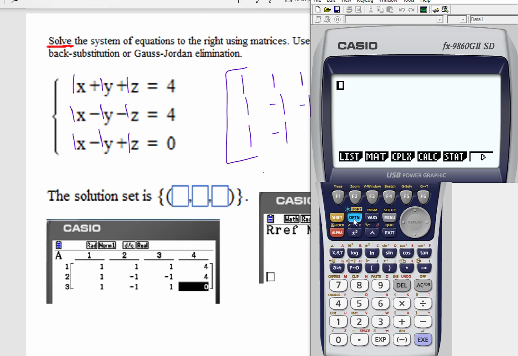Press option first, then F2 for matrix, F6 for more options, and then F5 for RREF. Shift 2 for matrix, alpha A, because that's the matrix that I have it entered in for. Oh, I need to get matrix in there. There we go.